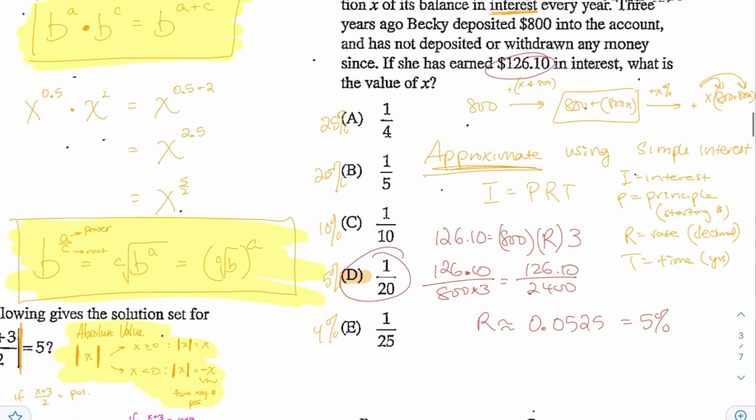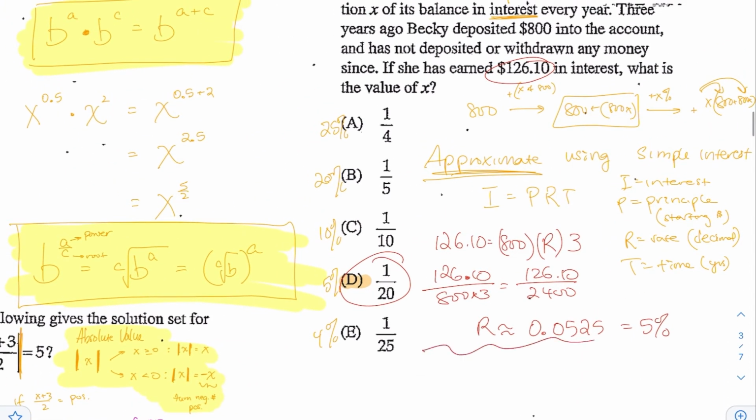Now, the formal way of solving this, now that we can work backwards to check your work, is that you take the original 800, and each time you add 5% of your money, you're really multiplying by 1.05.